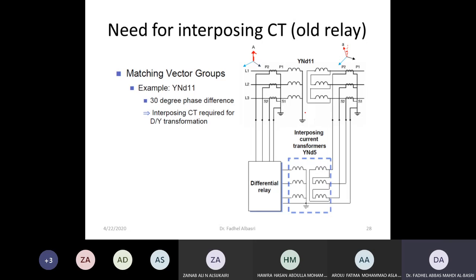I have to correct this, and I can correct it also using the same interposing CT by connecting the CT as delta-star instead of star-delta, and that will correct the phase. So although this current is not in phase with this, now this becomes in phase with this. So I can use it to correct the magnitude and correct the phase as well.